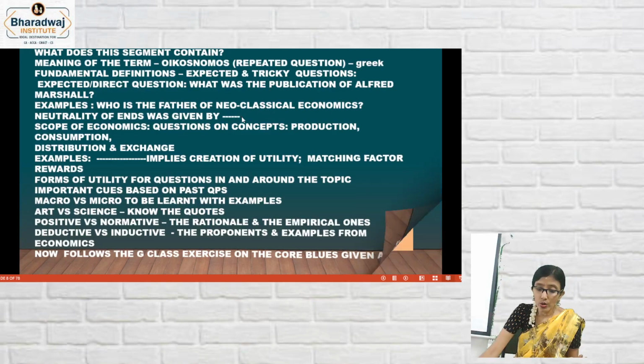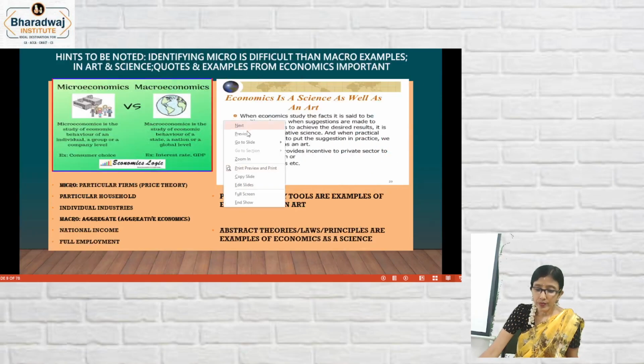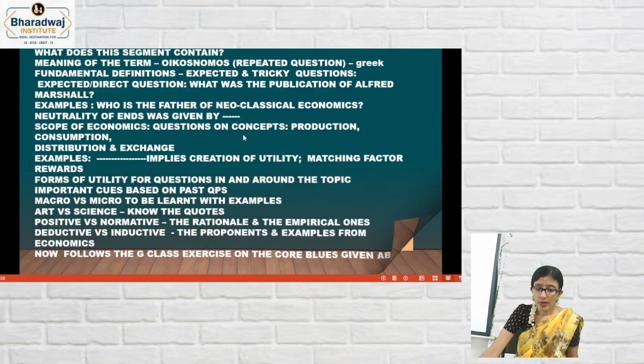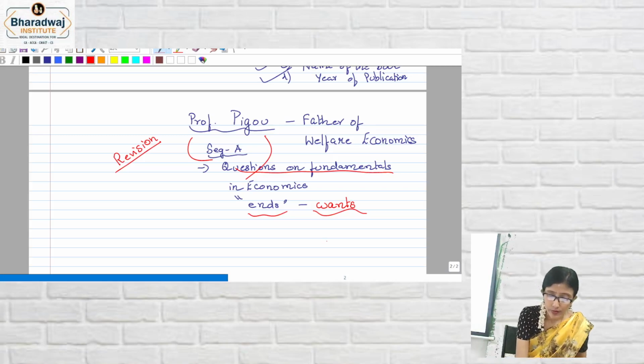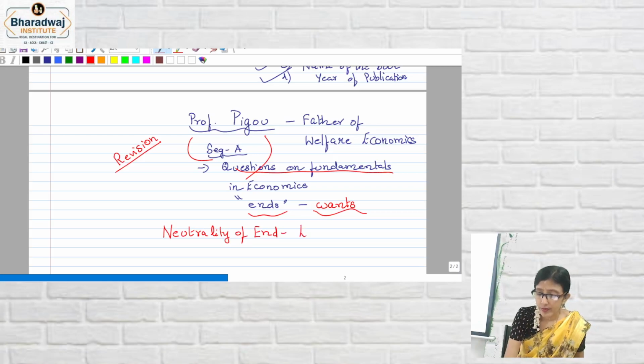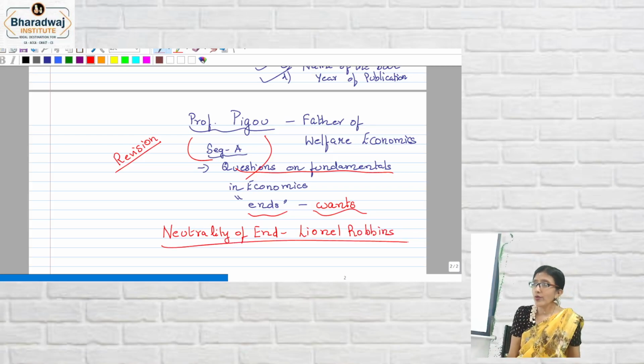Please note it. See, this question, students make a mistake. Therefore, it is important. Now, what is the meaning of neutrality of ends?